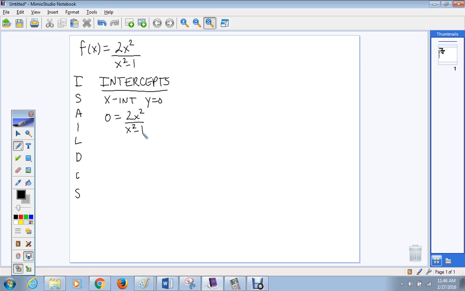And we know this rational expression only equals 0 when the numerator equals 0. So we would have x equals 0. So there is an x-intercept. And we'll keep in mind that this intercept has a multiplicity of 2.